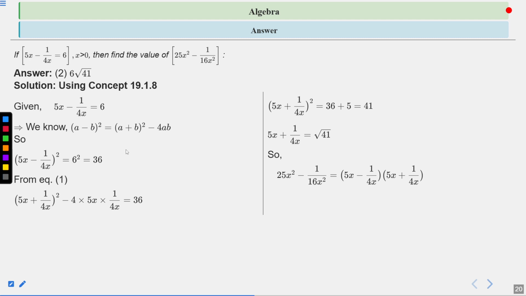Now we have the value a minus b, 5x minus 1 upon 4x, which equals 6, and 5x plus 1 upon 4x, which equals under root 41. So we can write it 6 into under root 41, so it will become 6 root 41. So the second is the correct answer of this question. Next one.